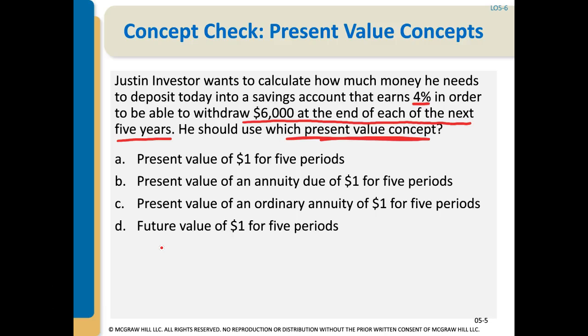First we know $6,000 at the end of each year. That tells us that it is an ordinary annuity. It's not the present value of $1 because that's just for a single amount, and the future value of $1 is also for a single amount. At the end of each period is an ordinary annuity. So I know that it is going to be C.